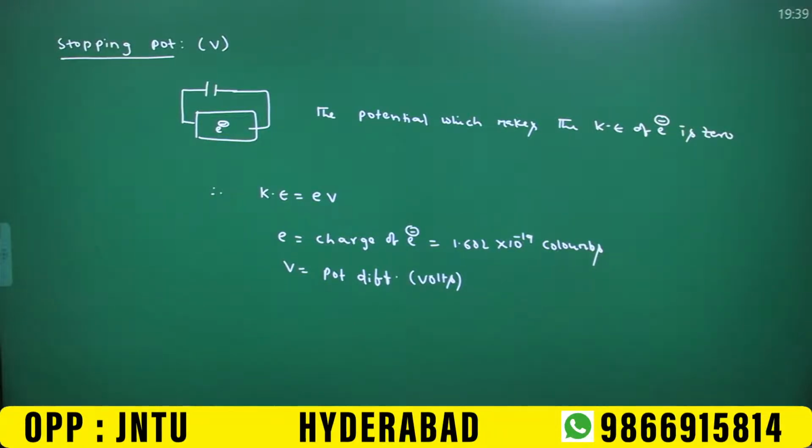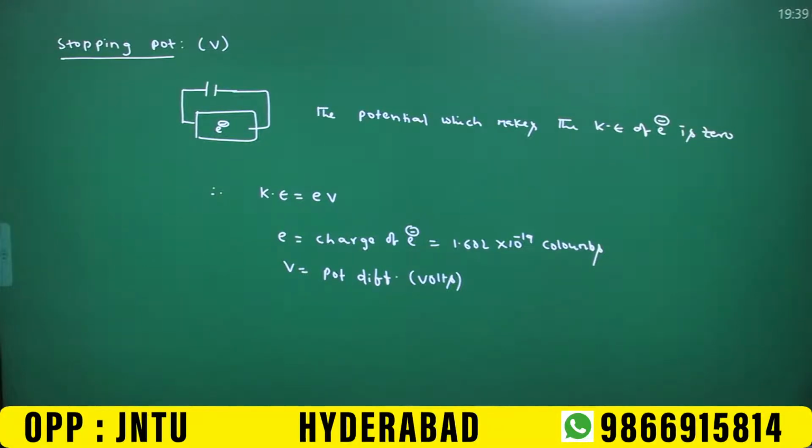Coming to the number of photoelectrons, how can the number of photoelectrons be increased? If I increase the frequency, can I get more electrons? If I decrease the wavelength, can I get more electrons? Write down. Next point.